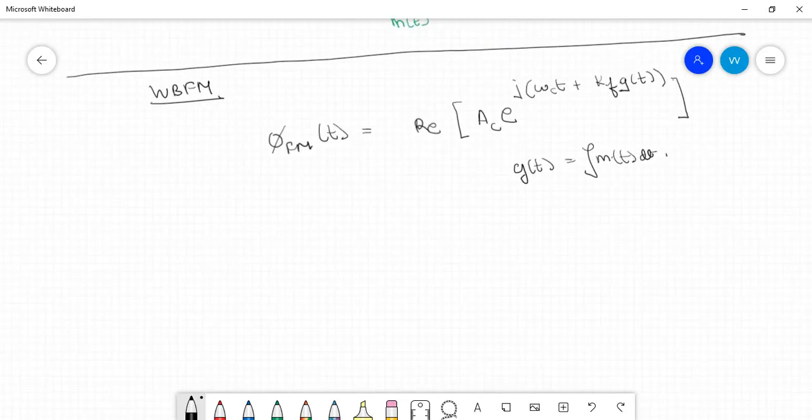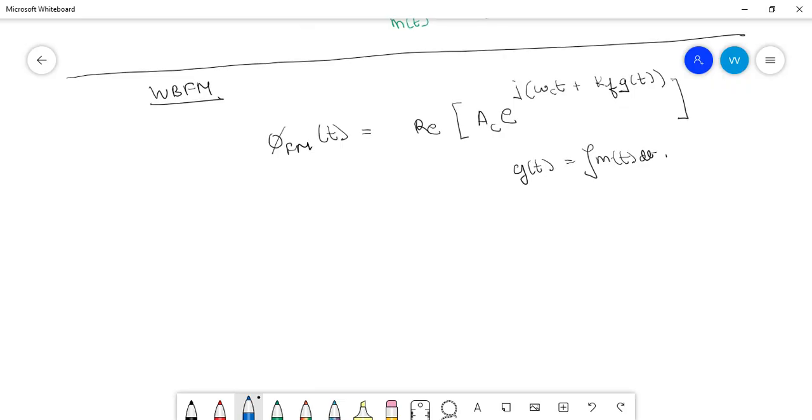Okay, so now instead of taking the approximation of e to the power j kf g(t) as 1 plus j kf g(t), which we took for kf less than 1, here your kf is greater than 1.